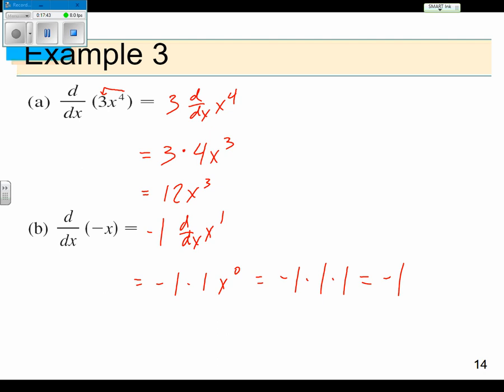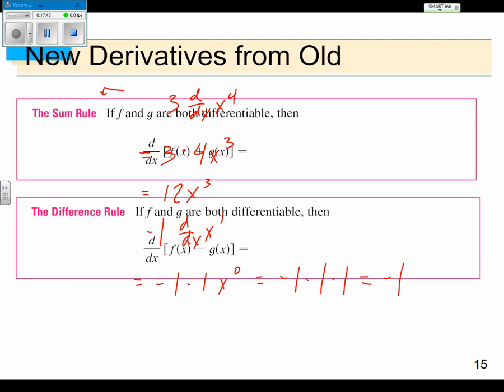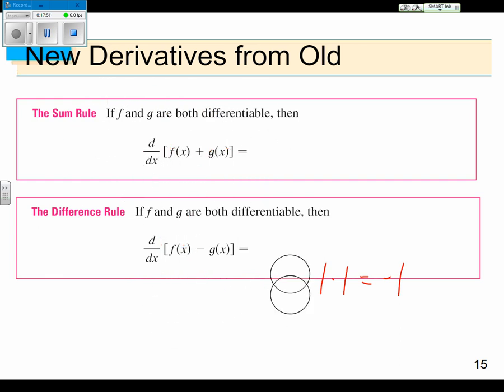Maybe there's another one that's going to pop up on here. Well, what if I'm adding 2 functions together? Because remember the limit of the sum was the sum of the limits, right?